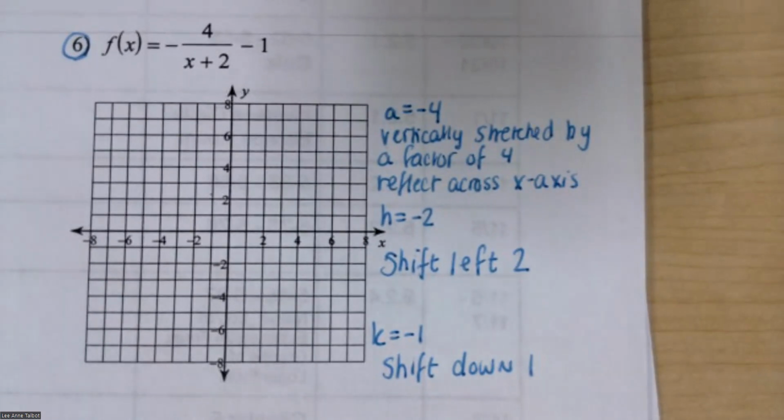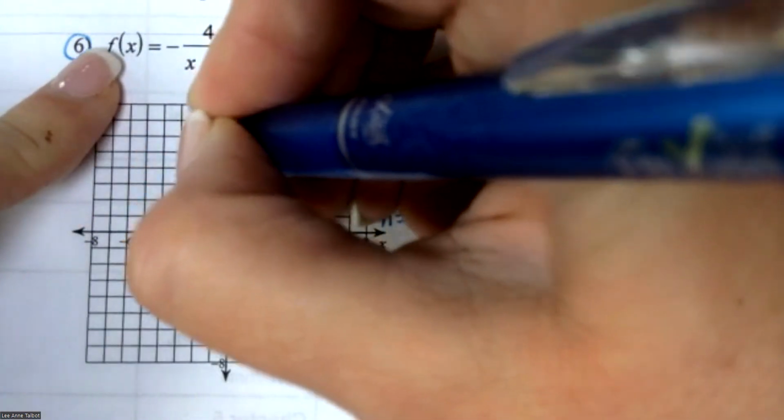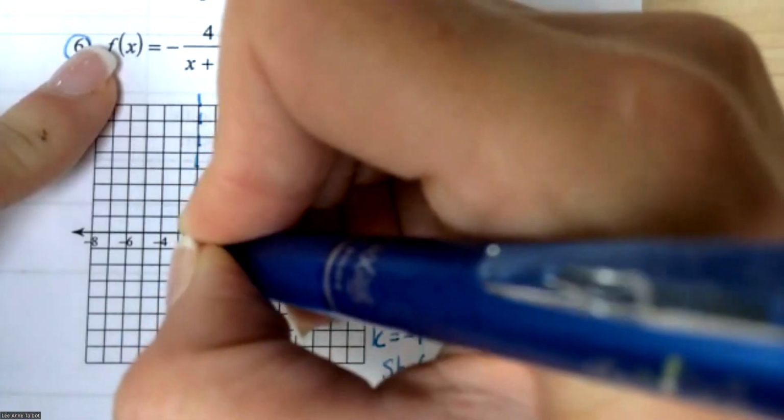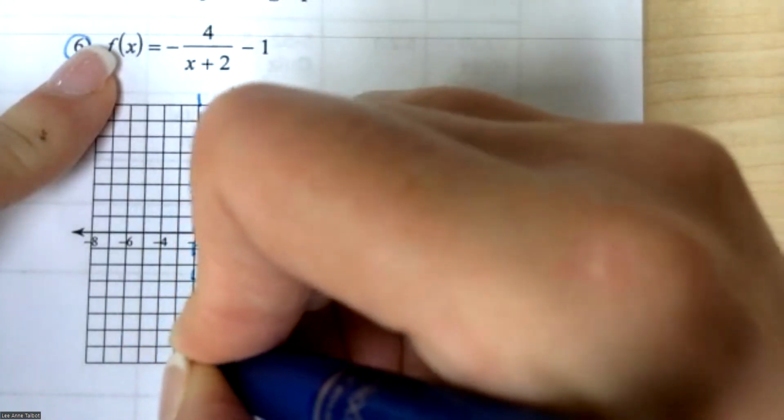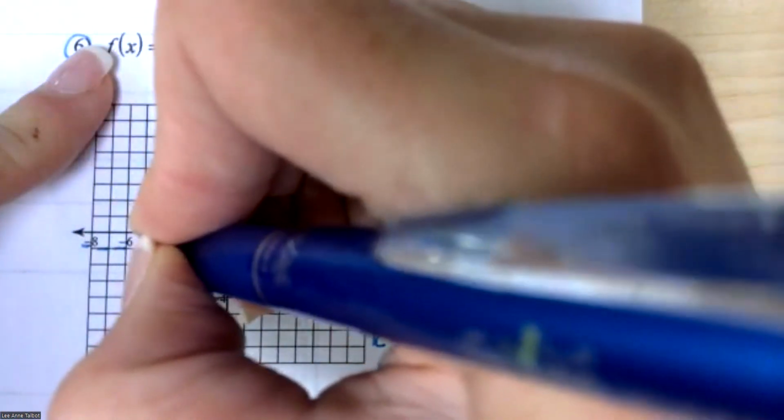Okay, now we do the asymptote thing. So shift left 2 means that I have a vertical asymptote at -2. Shift down 1 means that I have a horizontal asymptote at y = -1.